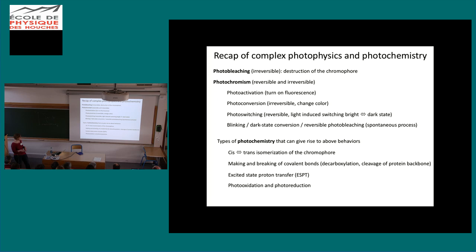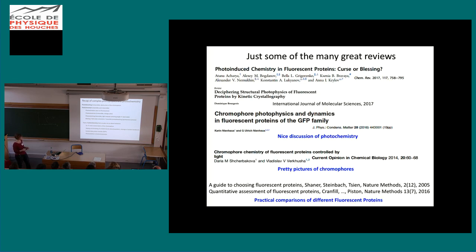There are many examples of making and breaking covalent bonds, such as decarboxylation or cleavage of protein backbones, excited state proton transfer, and then of course redox processes that can happen in the excited state. And so I'm going to try to touch on all of these. So if you remember many of them, try to pick a new one to remember from this talk.